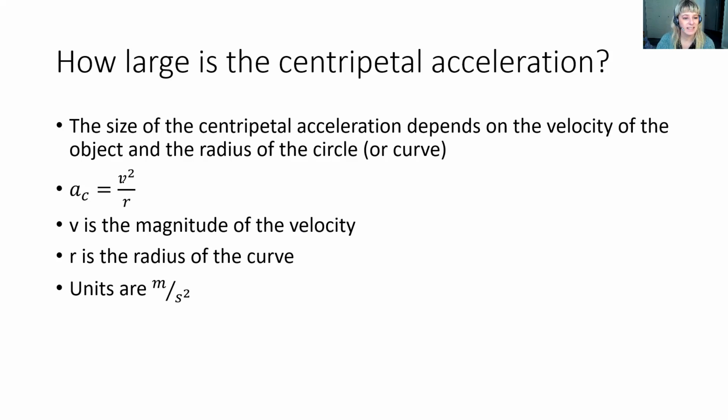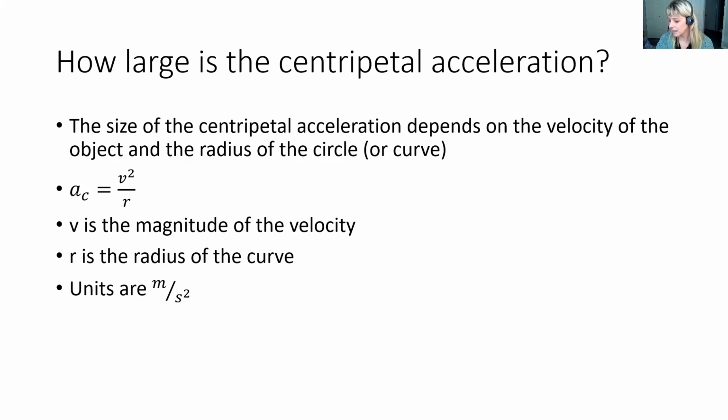Why is it V squared divided by R? Well, the acceleration is directly proportional to the velocity squared. There are two effects from the velocity that cause the acceleration to increase.